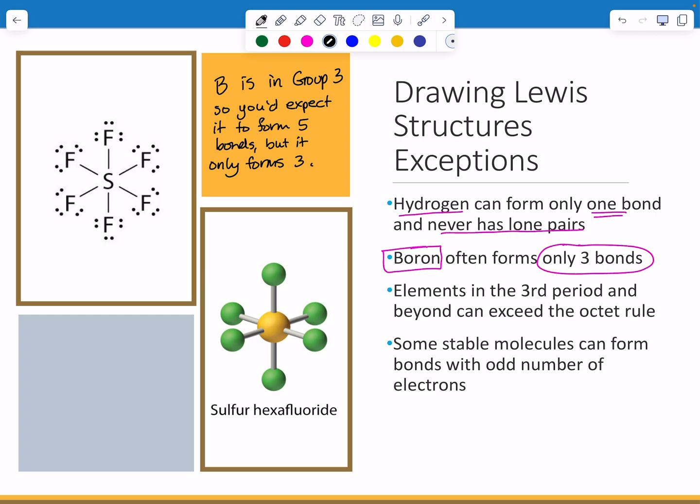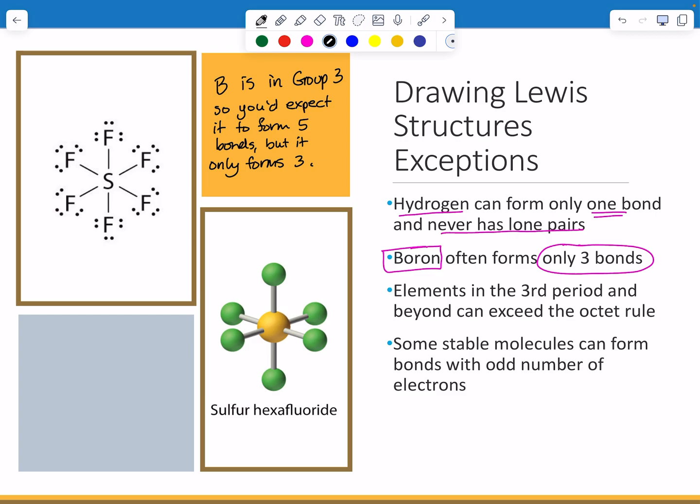Does aluminum form an ion? From when we were looking at the common ions, remember aluminum forms a +3 ion, right? So aluminum forms an ion instead of participating in covalent bonds, but boron is more likely to be found in covalent compounds. So again, it's kind of consistent in that aluminum would have a charge of +3, and so boron forms 3 bonds, even though you would expect it to form 5.